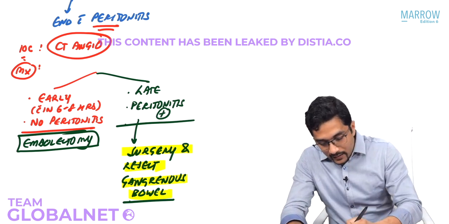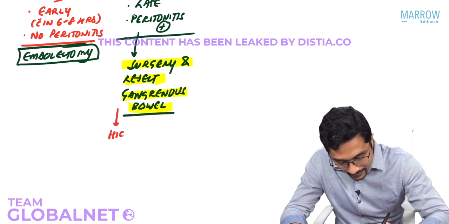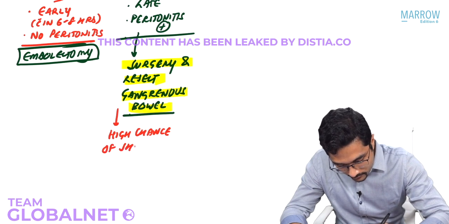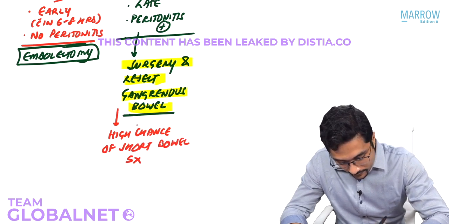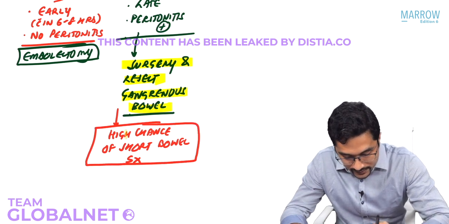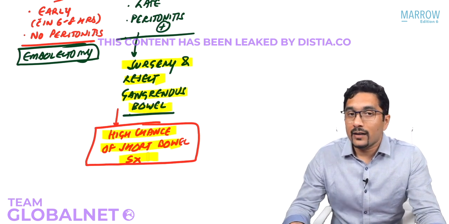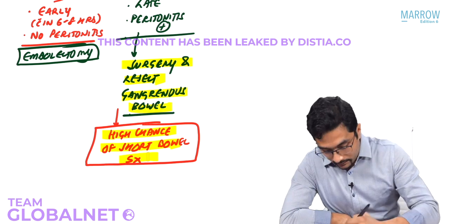And if you resect this much gangrenous bowel, there is a high chance of short bowel syndrome developing. I've covered short bowel syndrome in detail, and I've also told you that superior mesenteric artery embolism is one of the leading causes of short bowel syndrome. So this was regarding superior mesenteric artery embolism.